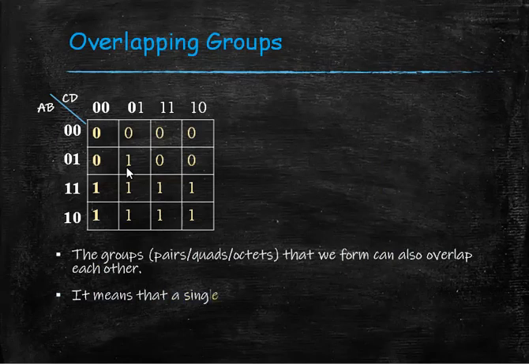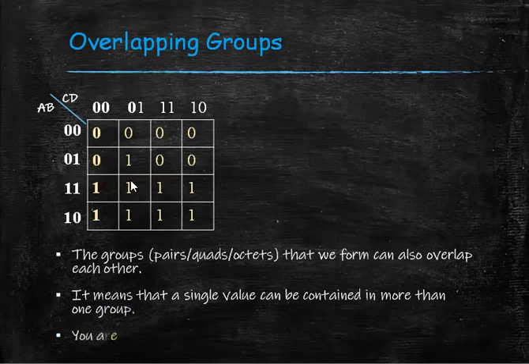Groups, pairs, quads or octets that we form can also overlap. That means a one can be a member of a pair or quad or octet. You are allowed to use the same one more than once.